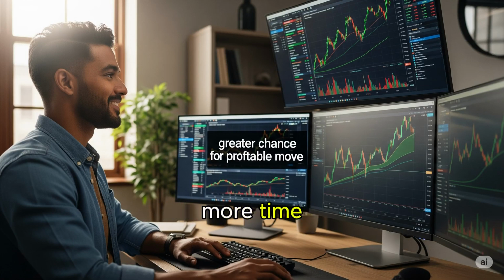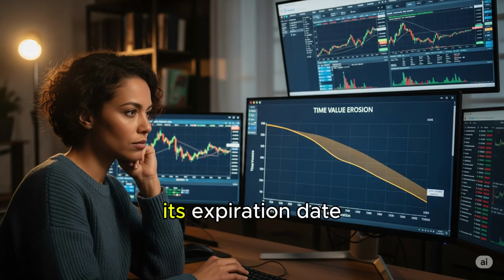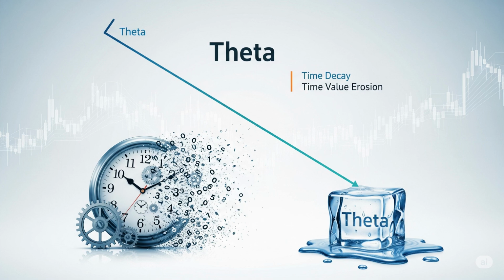Because with more time, there's a greater chance for the underlying stock price to move in a favorable direction, making the option profitable. As an option gets closer to its expiration date, its time value erodes. This erosion of time value is a concept we'll explore in much more detail when we talk about theta, one of the Greeks.